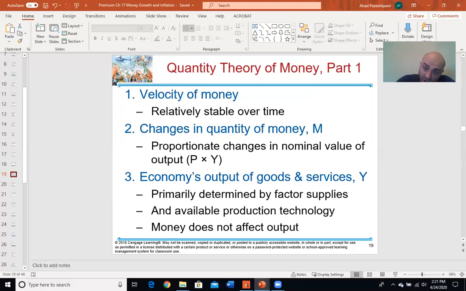If you help the technology, then the technology would help increasing economic output of goods and services. So this is a very important thing to remember. If I would want to point out like 10 things to remember from this class, one of them is this: money does not affect output. Money is basically meaningless. What matters in output is our efficiency and our technology.